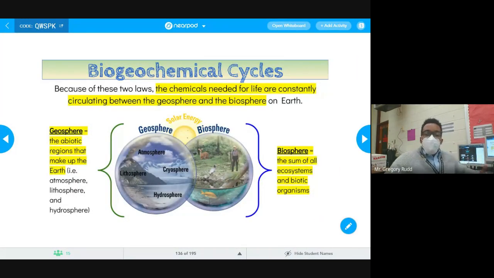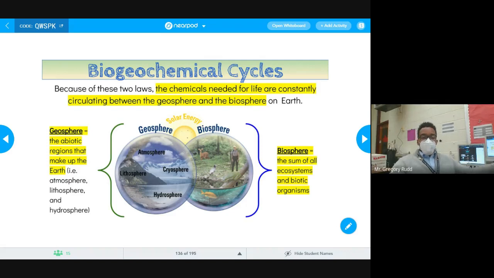Okay, so because of these two laws, the chemicals that are needed for life are constantly circulating between the geosphere and the biosphere. Because we cannot create new matter, and because things become more disordered without inputs of energy.